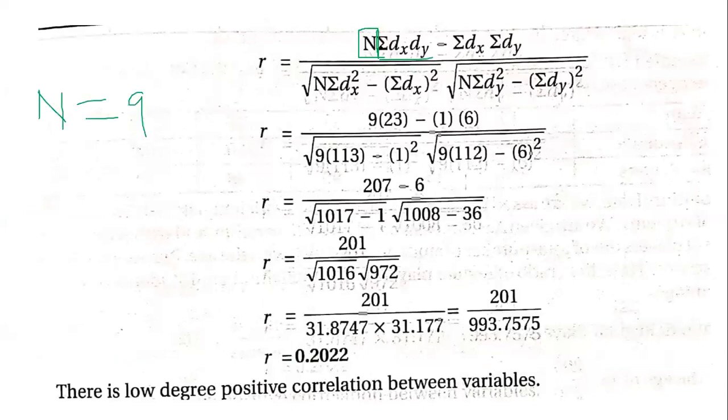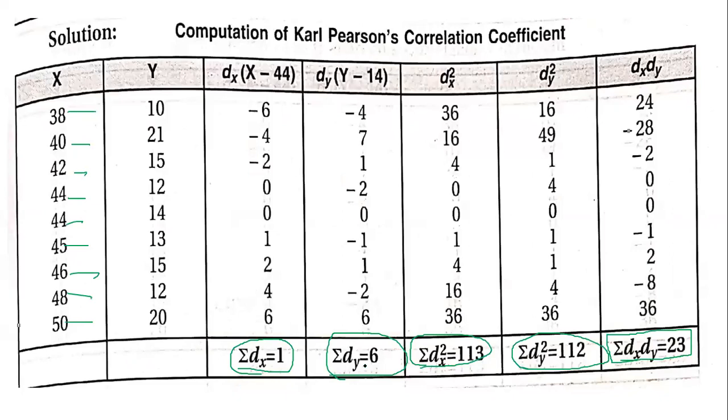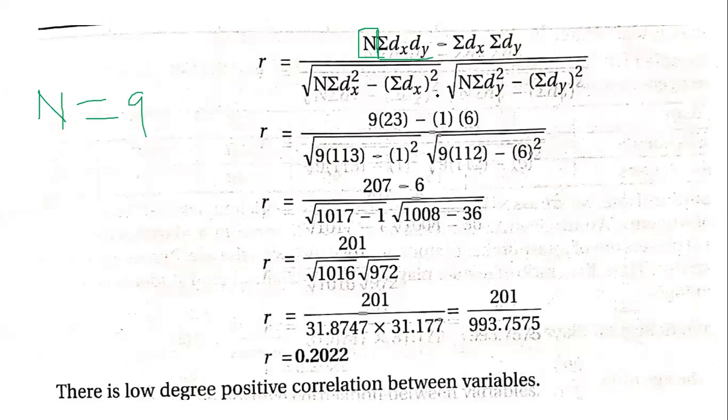Then 9 into sigma dx dy, which is 23, minus sigma dx, which is 1, into sigma dy, which is 6. Next, whole divided by square root of n, which is 9 again, into sigma dx square, 113, minus sigma dx, which is 1, whole square.